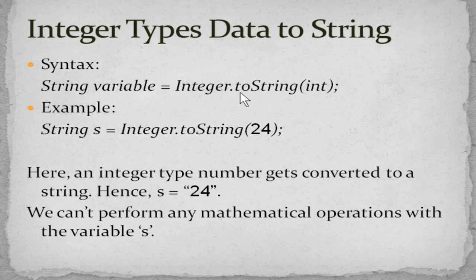That is why the function name is toString. It is converted into a string and stored in the variable. So String s = Integer.toString(24). Now 24 is a number which will be converted to a string and stored in the string variable. That means 24 will be covered with double quotes, and cannot be used for performing any mathematical operation.